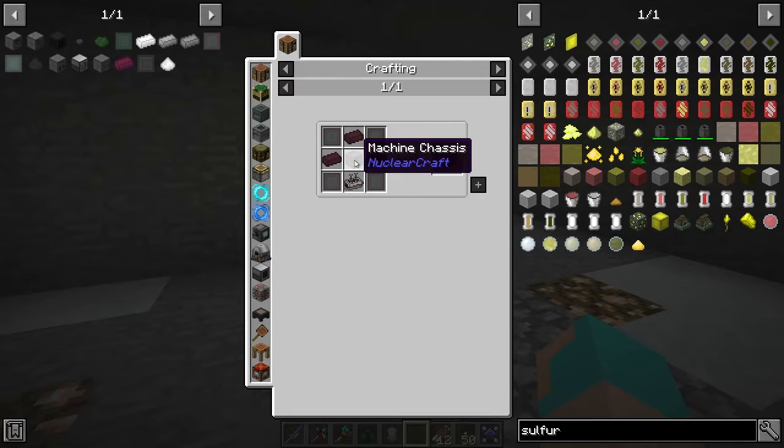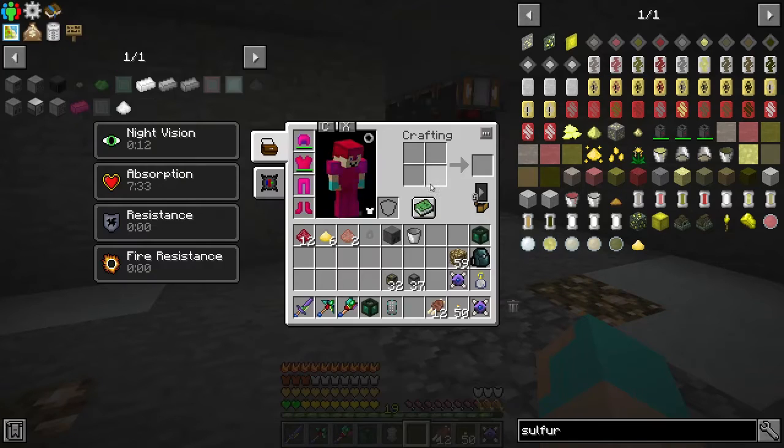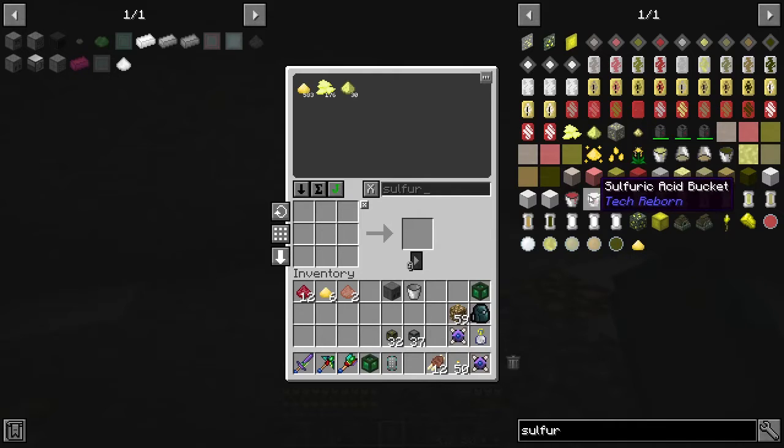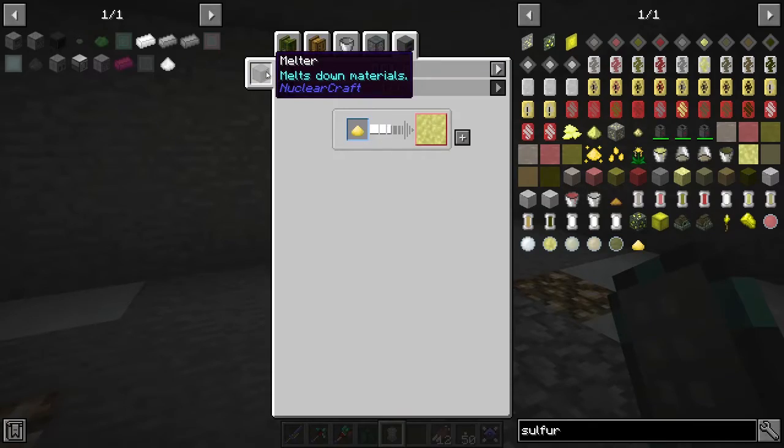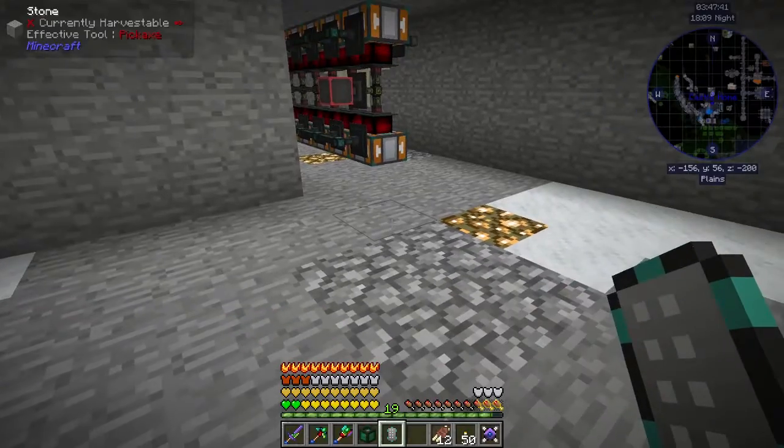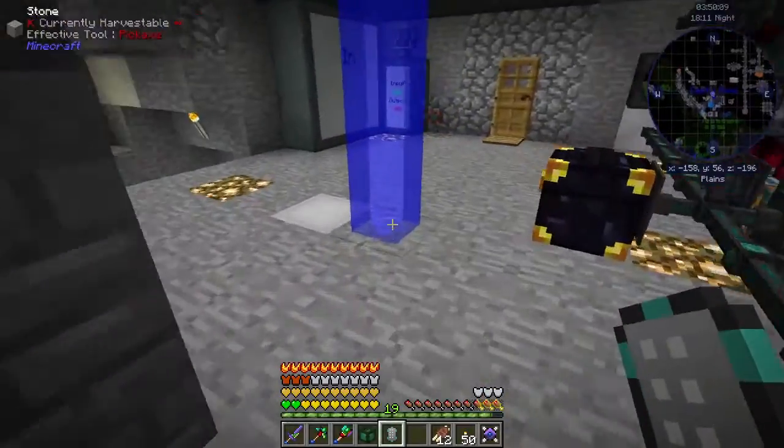Nether brick, servomech, which I believe we can make. Alright, so let's go work on our melter.